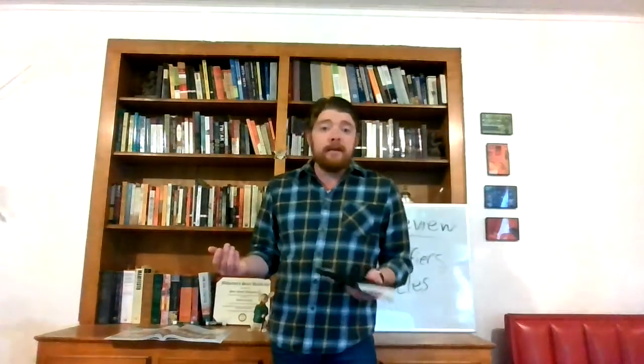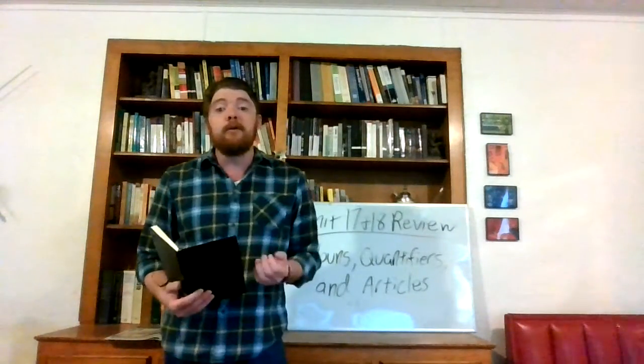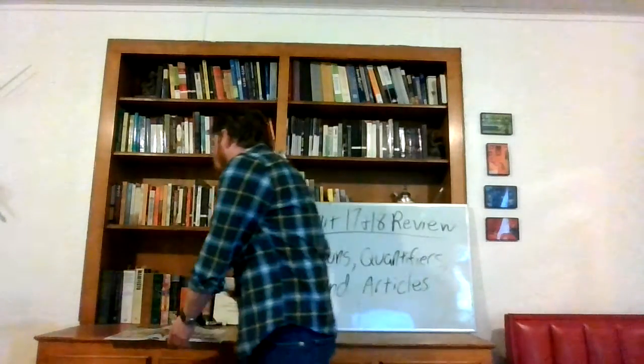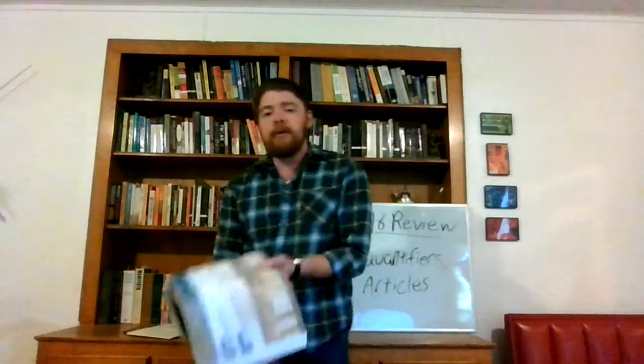Okay, then next we're going to have some multiple choice questions in different quantifiers. So the main thing to remember for these two units is we want to tell the difference between count nouns and non-count nouns. So remember, a count noun is something that you could count specifically how many. I have 3 pencils.